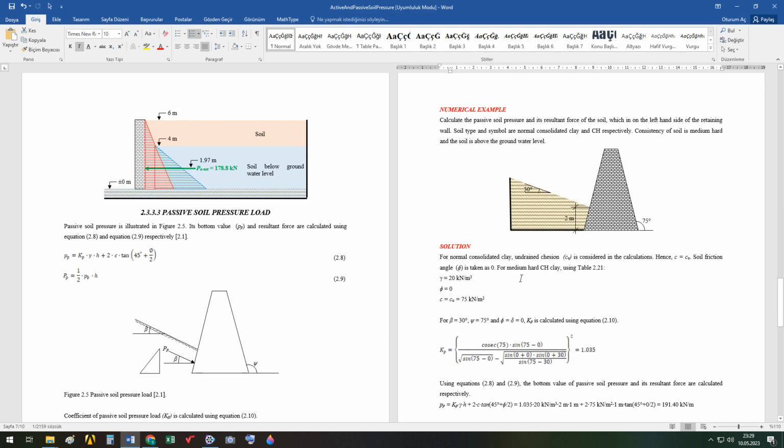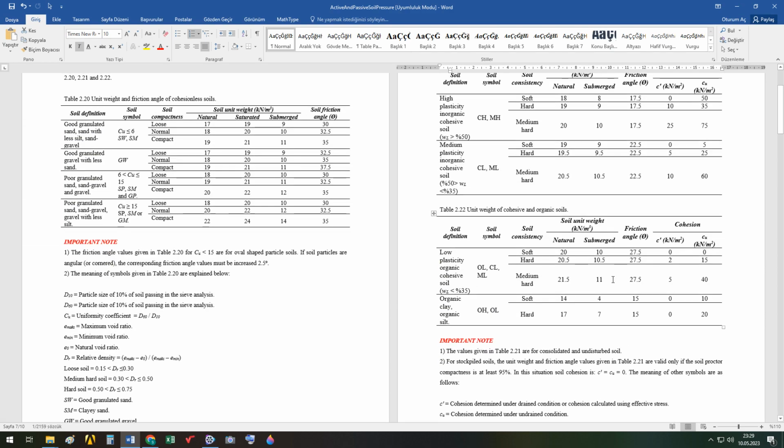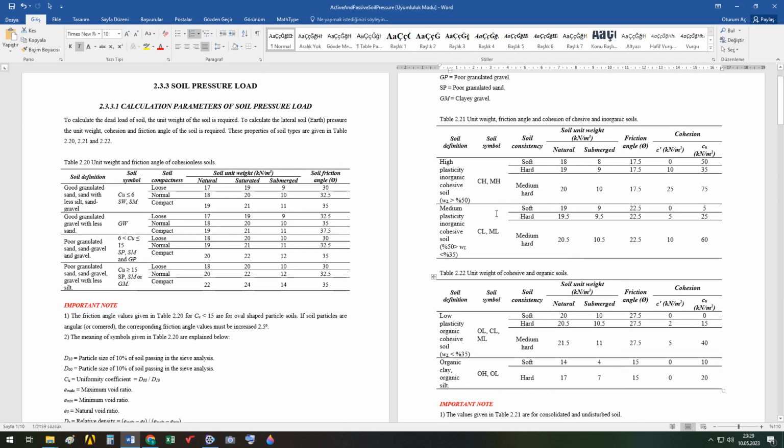Okay. For medium hard clay, using table 2.21, we have undrained cohesion value, so I will take 75 and as unit weight 20.